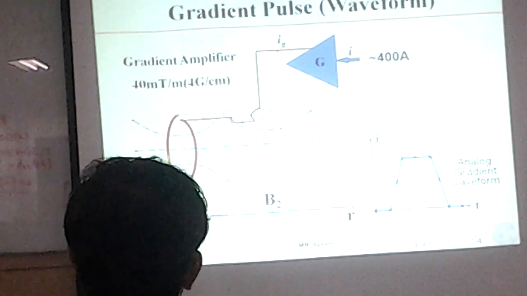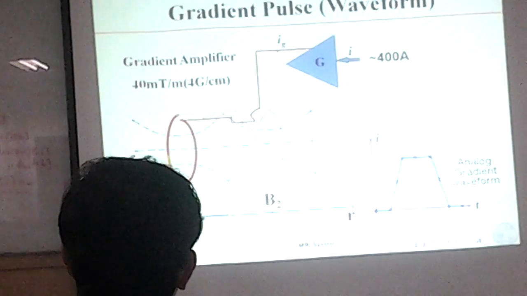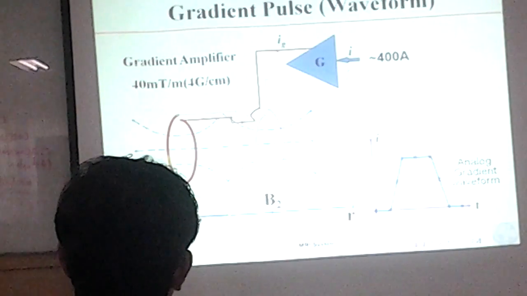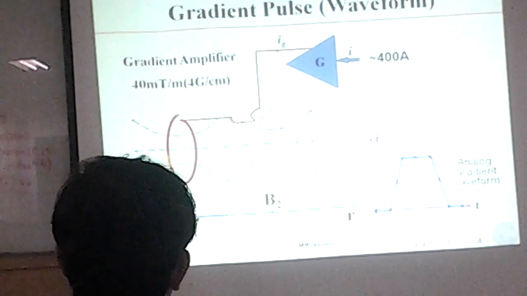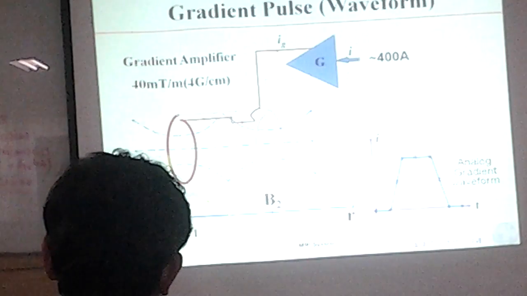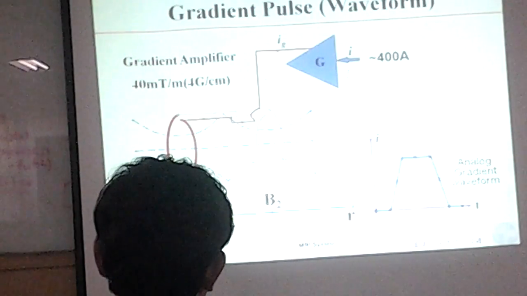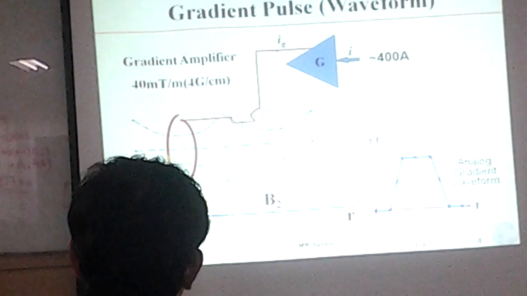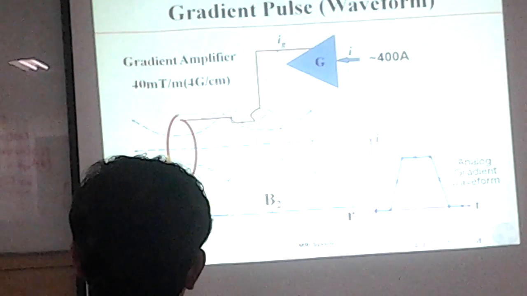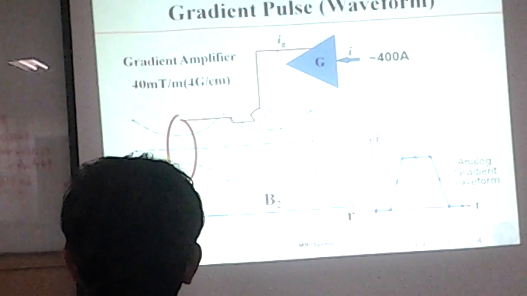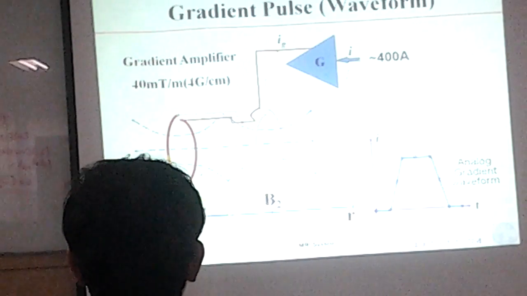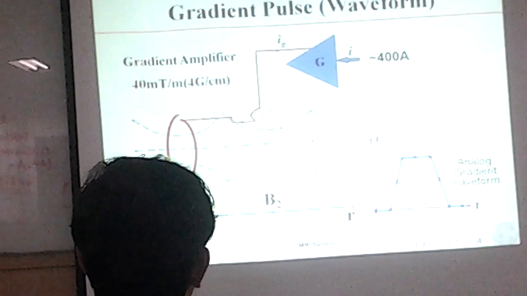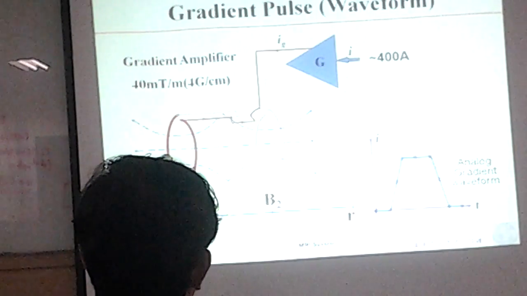Because the gradient coil is a kind of inductor, the frequency response of this system is similar to a low pass filter. So it does not work for high frequency signals. That's why the gradient waveform is like a trapezoidal shape.